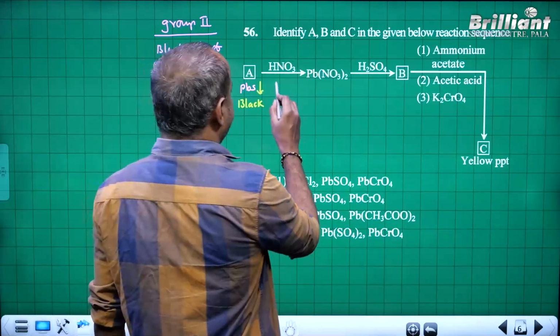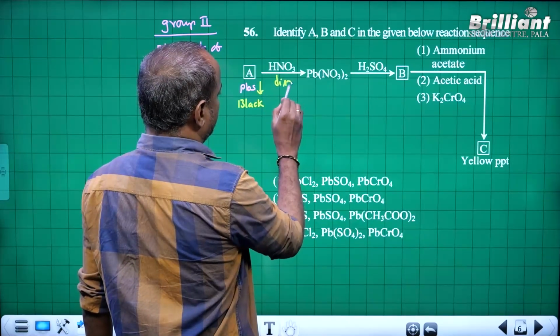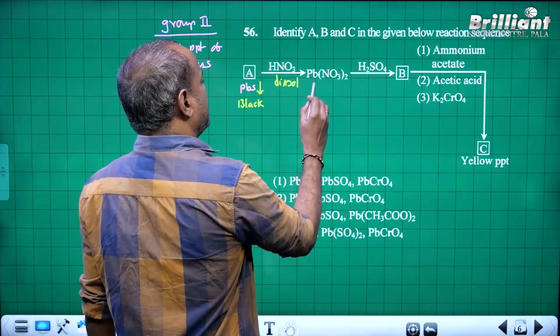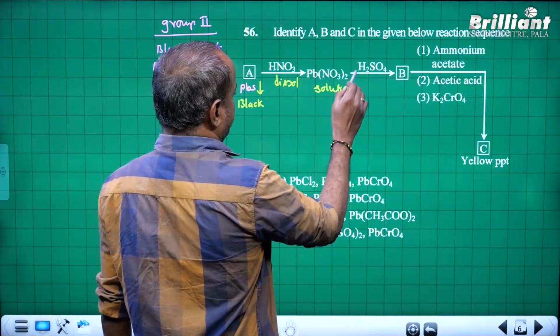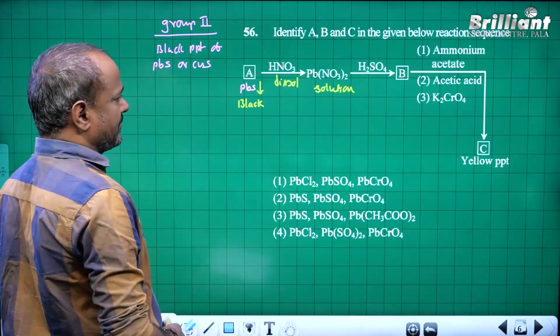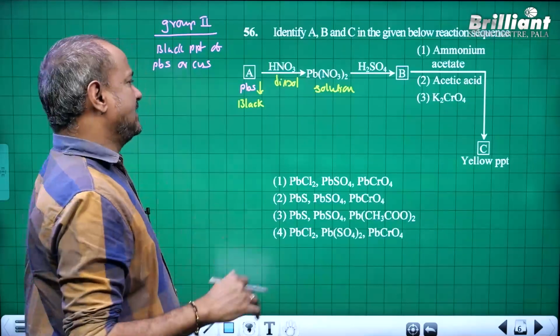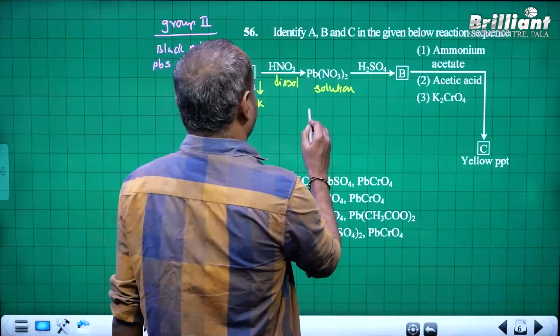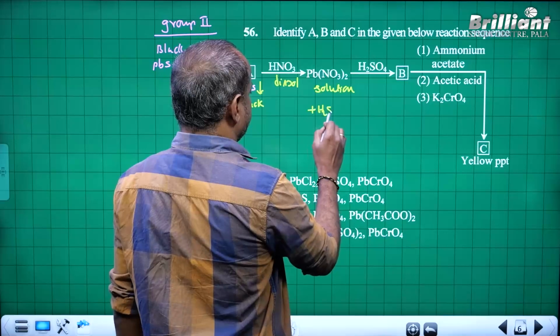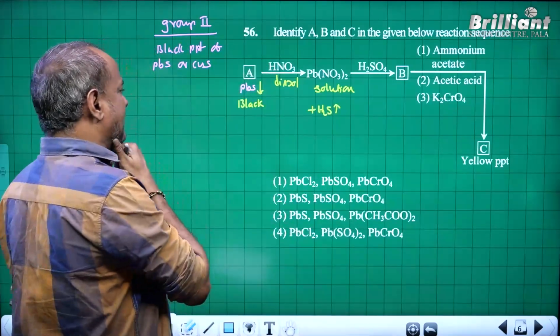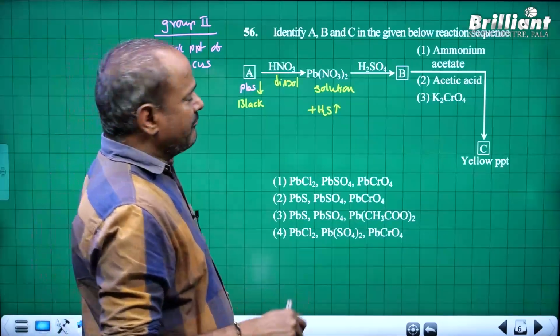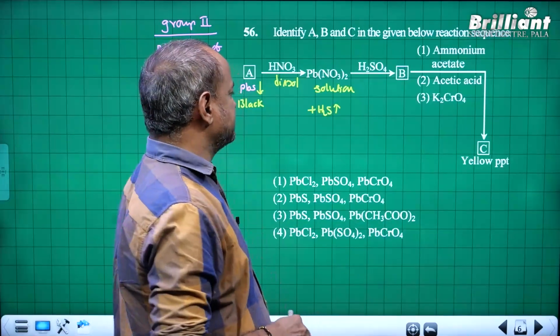This is dissolution to form lead nitrate solution plus H2S gas releasing. That means black lead sulfide is converting into colorless lead nitrate solution.